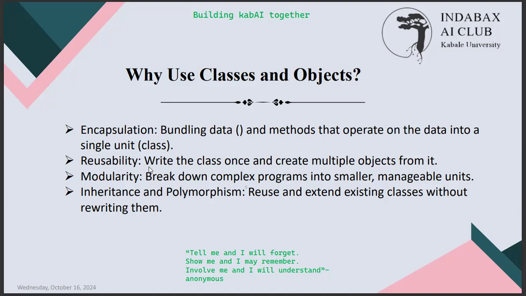So when you organize your software development process into classes and objects, it helps you break down a complex system into more manageable units. Then inheritance and polymorphism. So you are able to reuse and extend existing classes without rewriting them. So these are some of the concepts you should know about classes and objects.